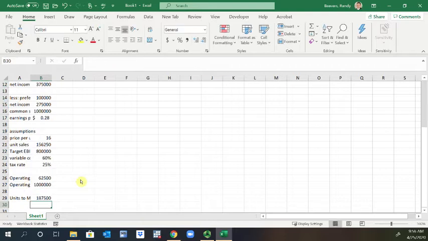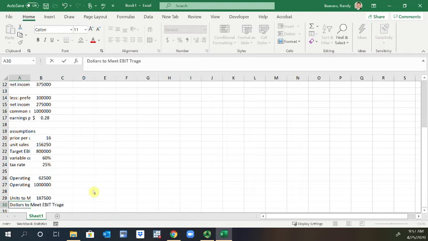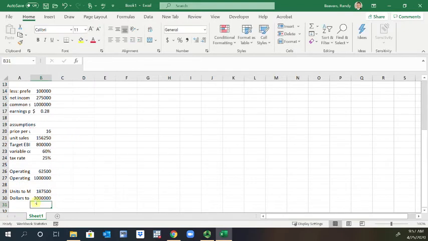And you'll get 187,500 units that you'll need to hit that target. If you wanted to also do dollars to meet the EBIT target, that'll be what we just calculated, 187,500 multiplied by the price per unit to get 3 million.